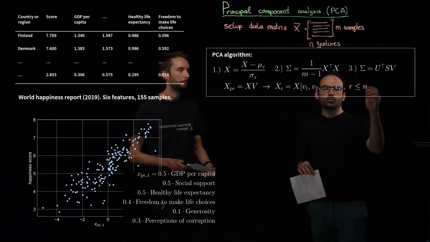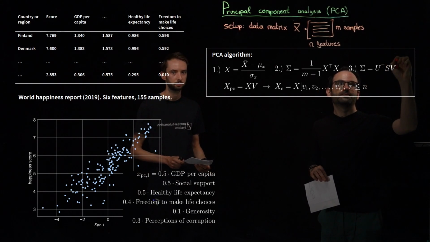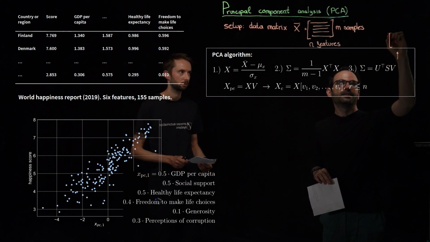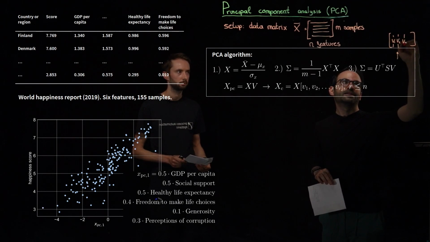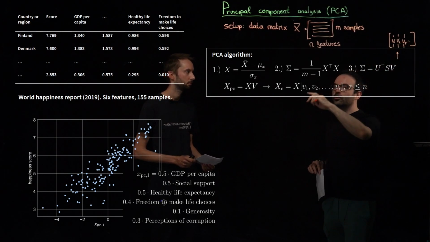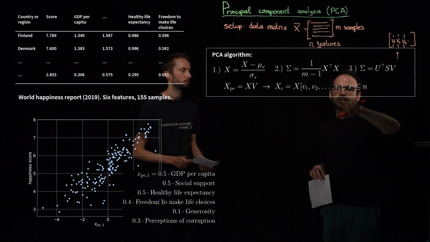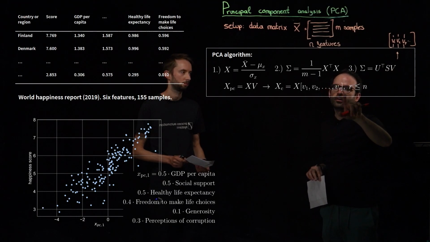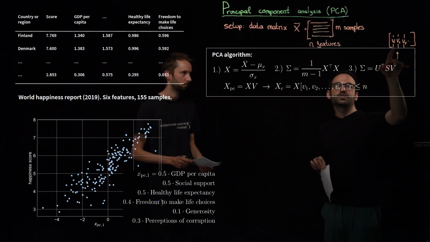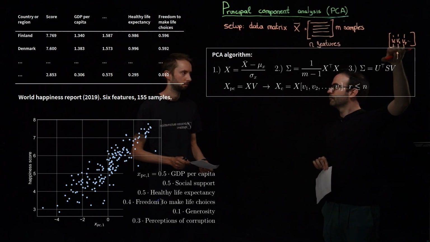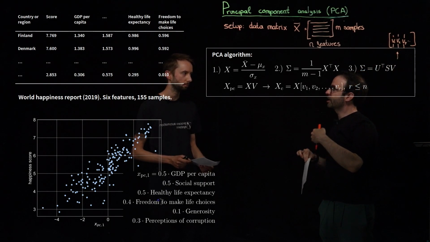This matrix V has as each one of the columns the different eigenvectors. And in this example, we choose R equal to 1, so we are interested in having only one eigenvector doing the compressed representation.